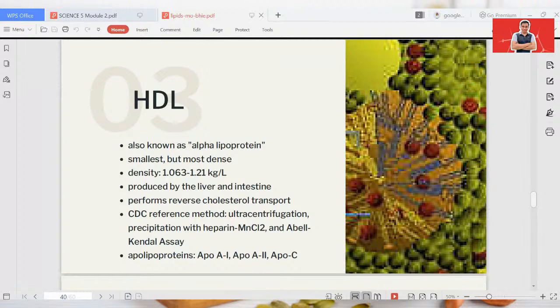Reference range of HDL, please comment it down below. Has anyone commented? Comment, guys.